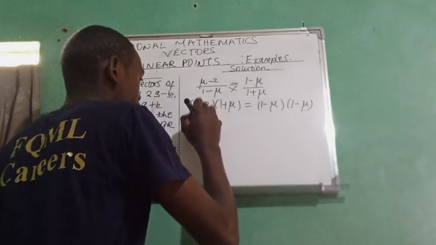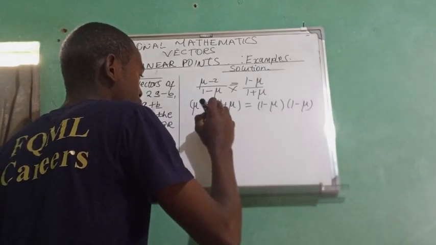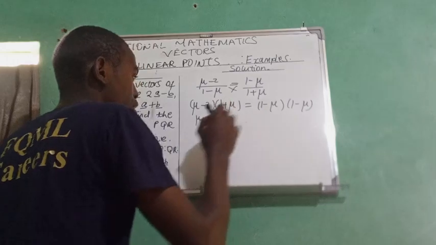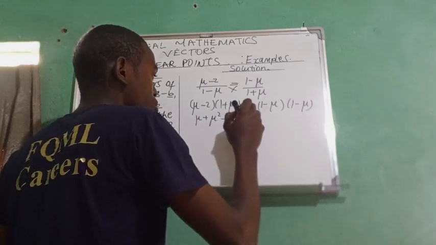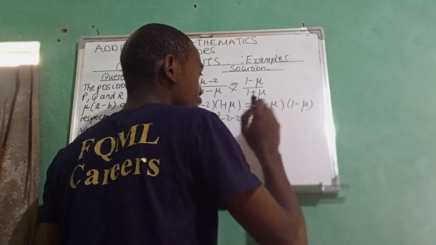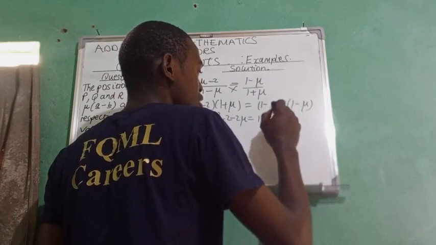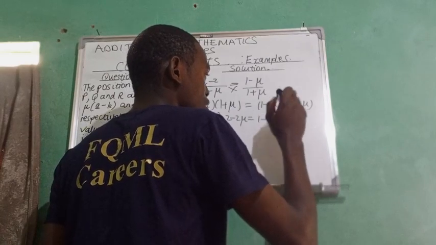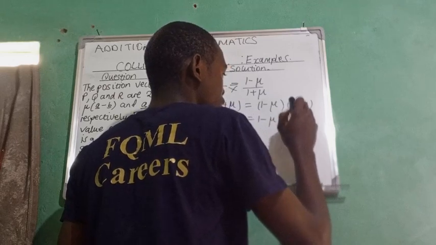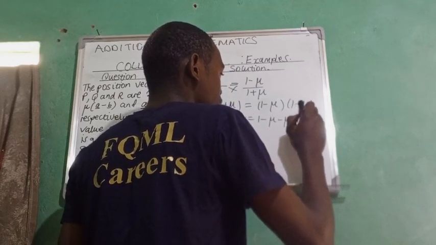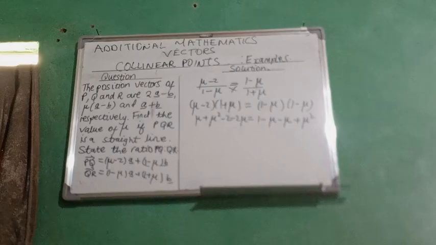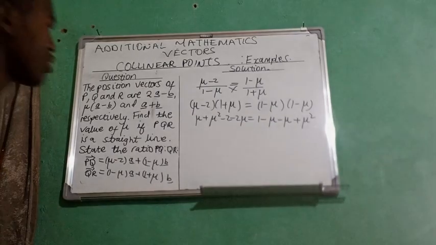It means we are saying mu plus mu squared minus 2 mu is equal to 1 minus mu minus mu plus mu squared.